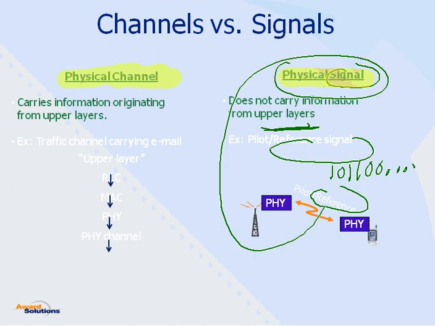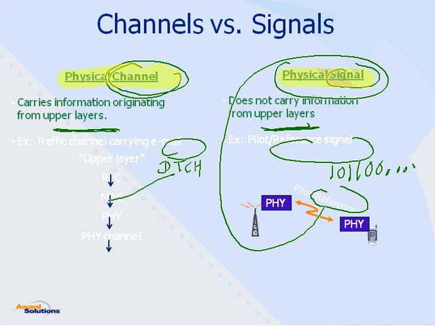In contrast, the physical channel carries the upper layer information. So for example, when we want to send email, that would be a dedicated traffic channel generated by the RLC layer. Then the MAC layer will map that onto a transport channel, which is your downlink shared channel.